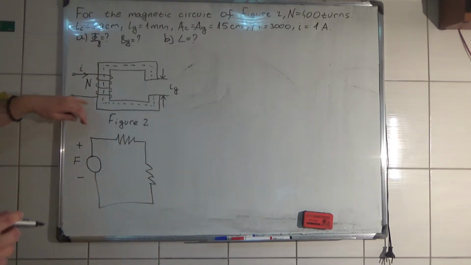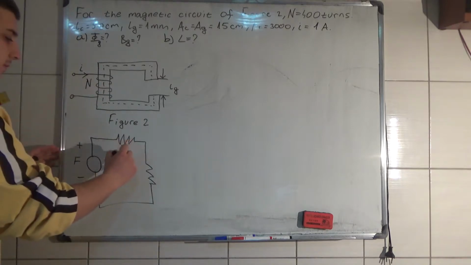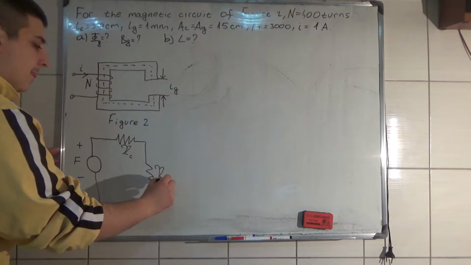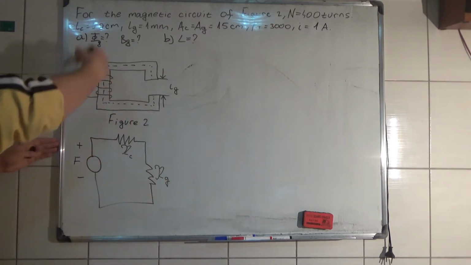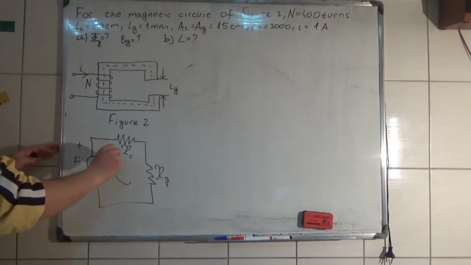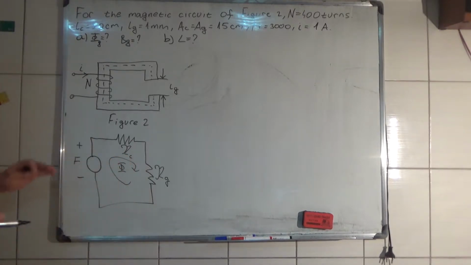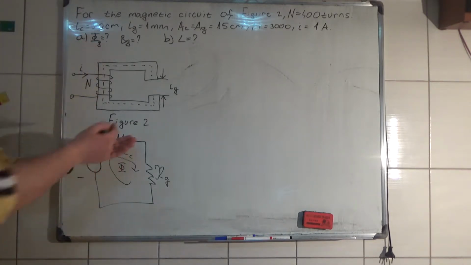Now the flux is going in this direction, and through all the circuit the flux is going to be the same, so this flux is equal to the flux in the air gap.